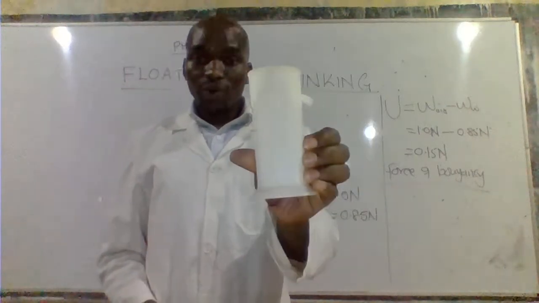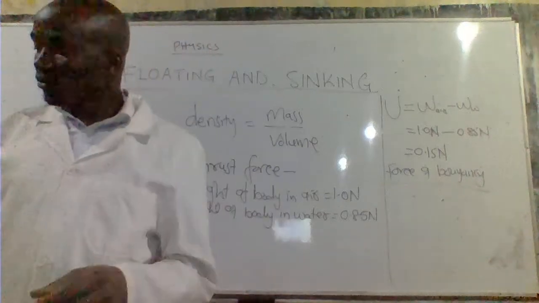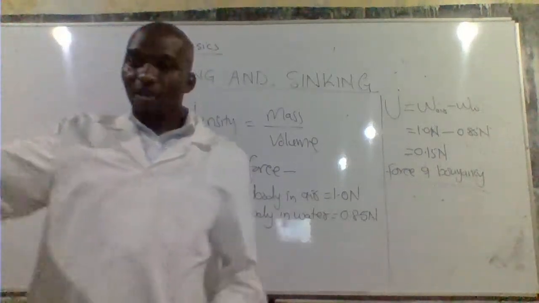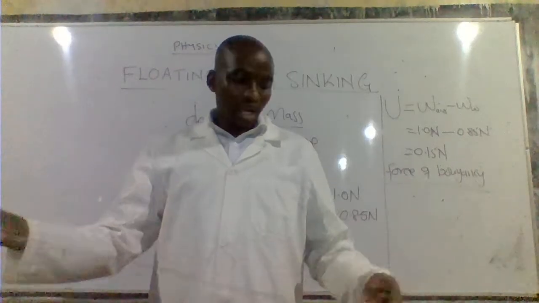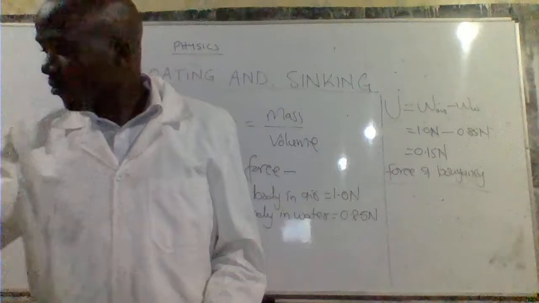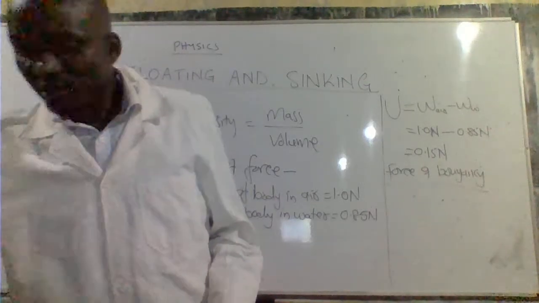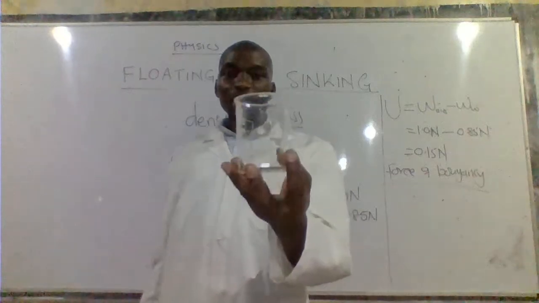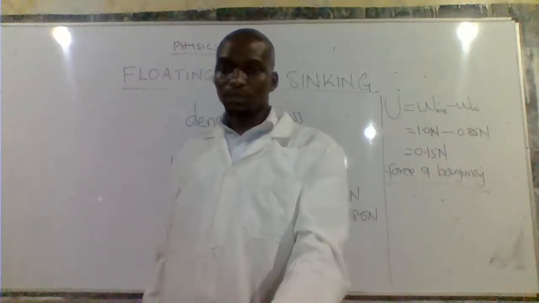It is called Eureka can, and it has a spout. I also have a thread. This thread is going to tie the masses that I have, and I have other beakers. This beaker is empty. It is also going to help us understand the Archimedes principle.